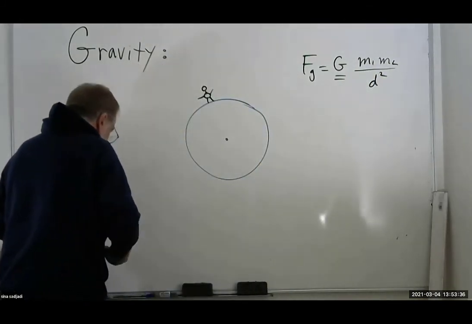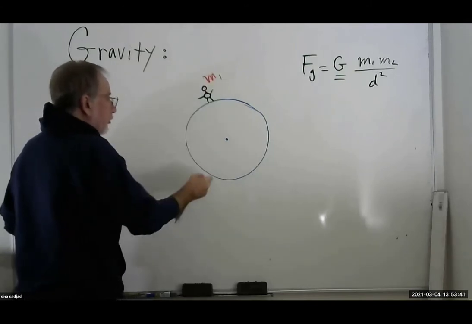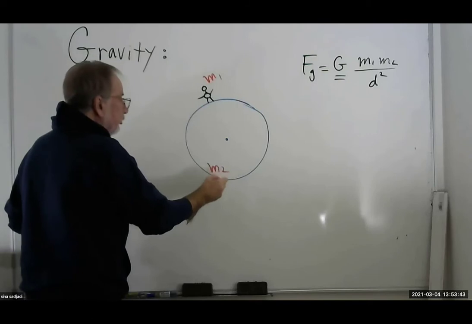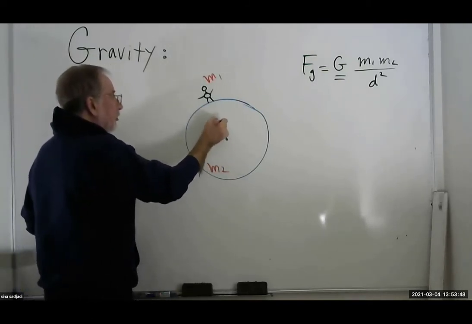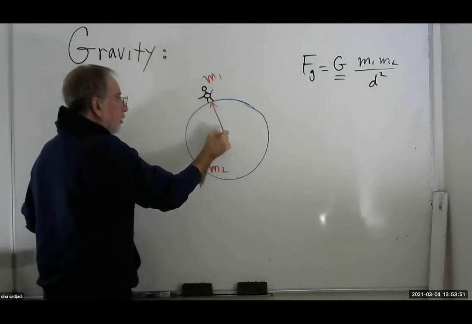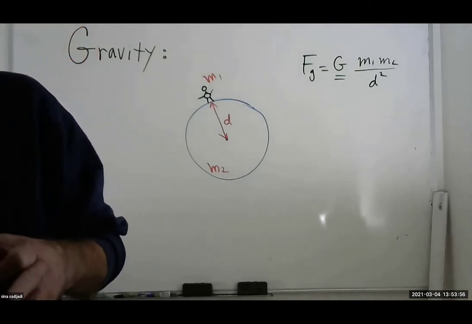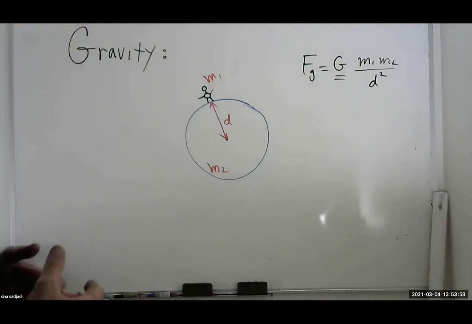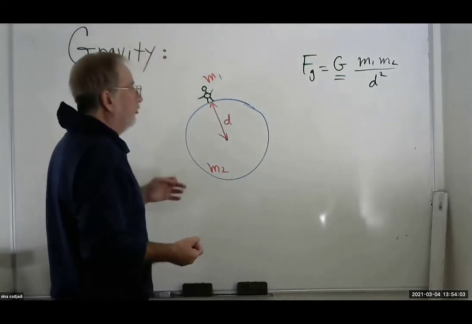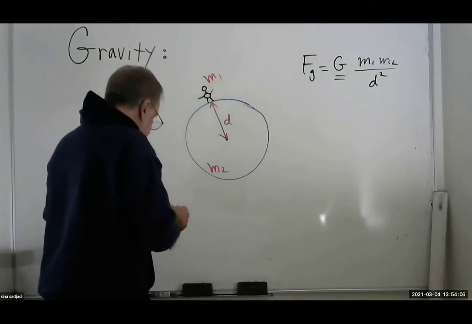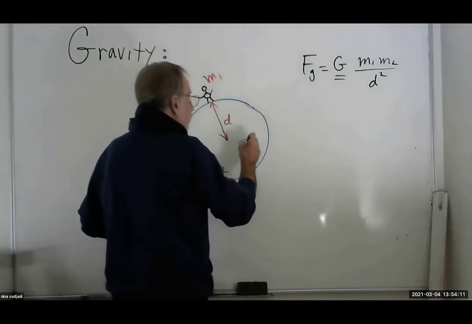All right, let's see what everybody is. So my mass is m1. Mass of the Earth, m2. Simple enough. Now the distance between the center of the Earth to me is d. So if the Earth was bigger with the same mass, if it was less dense and just puffy, then you would have a lot less gravitational force. Now what happens if I move away from the Earth? So now I go over here.